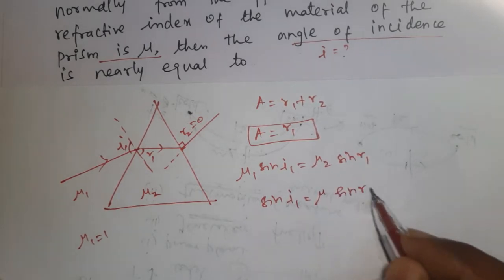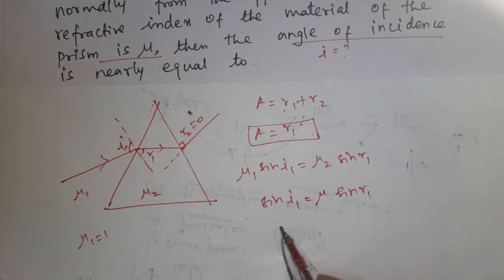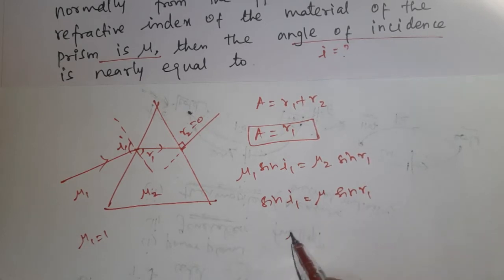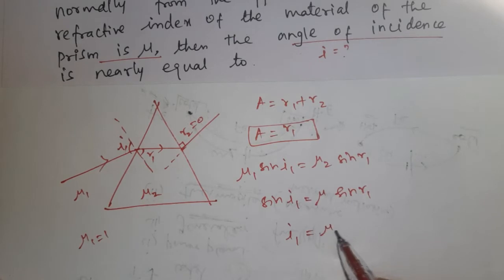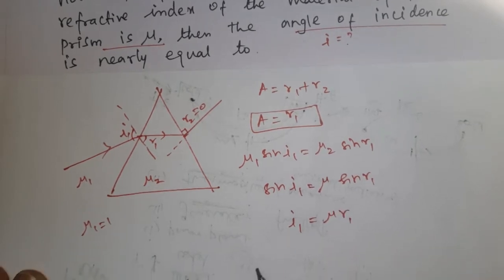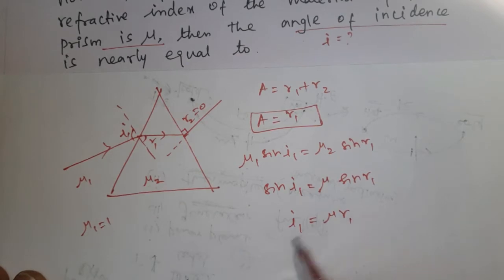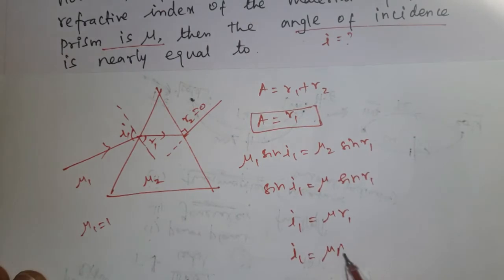Then sin I1 and sin R1. If the angles are very small, we can take I1 equal to mu R1, where I1 is the angle of incidence. Then I1 is equal to mu R1, and R1 is equal to A. So I1 is equal to mu A.